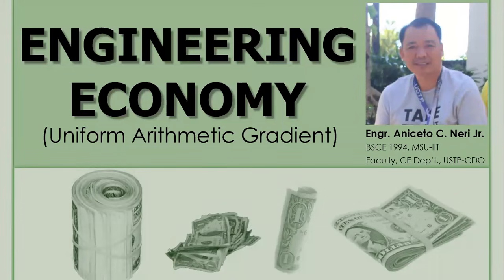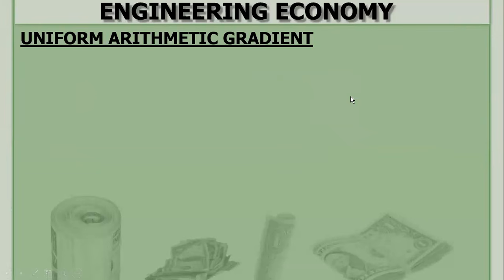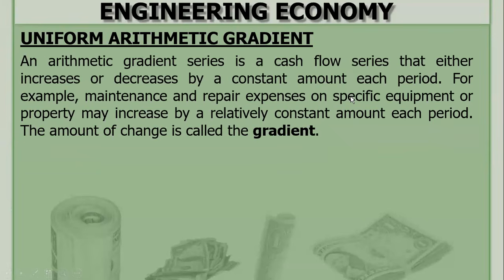Okay. The topic that I'm going to discuss or share with you is about uniform arithmetic gradient. An arithmetic gradient series is a cash flow series that either increases or decreases by a constant amount each period.